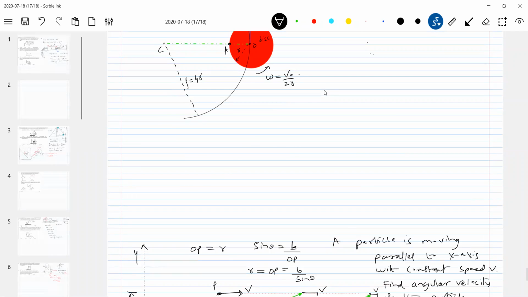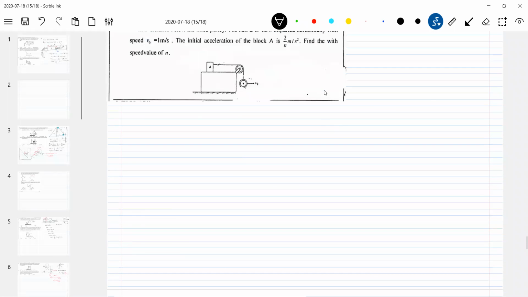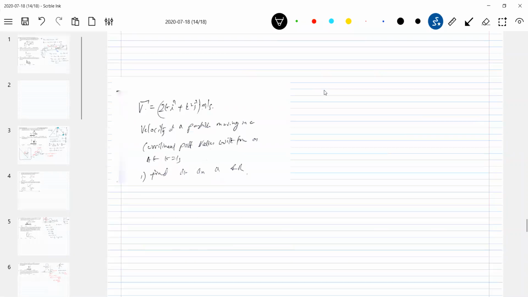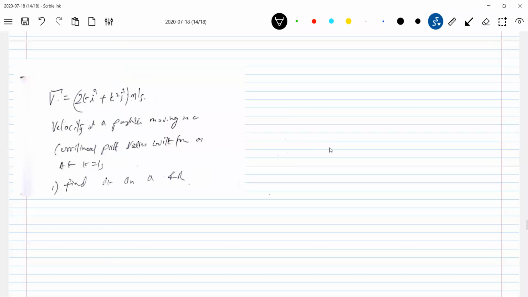Let me take you through a few more problems. You just read the question. I'll make a correction, it is j cap. The velocity of a particle moving in a curvilinear path varies with time t as given.